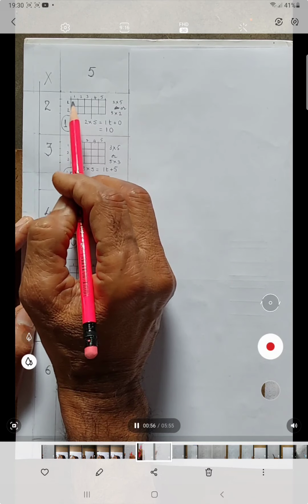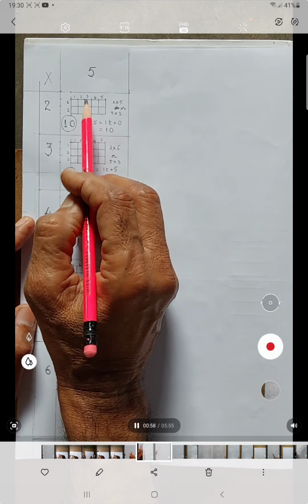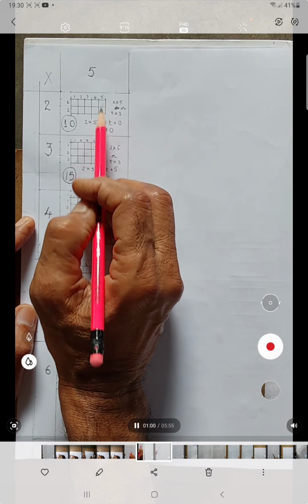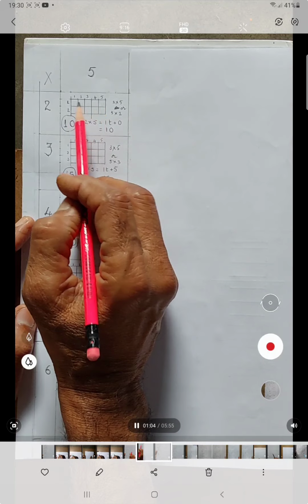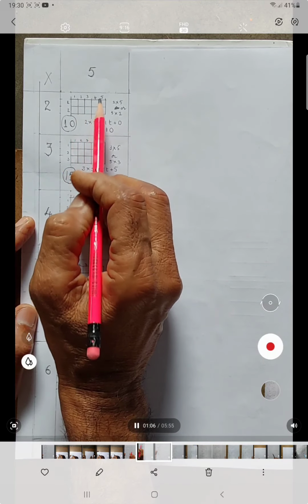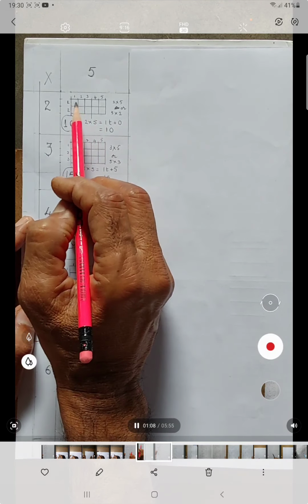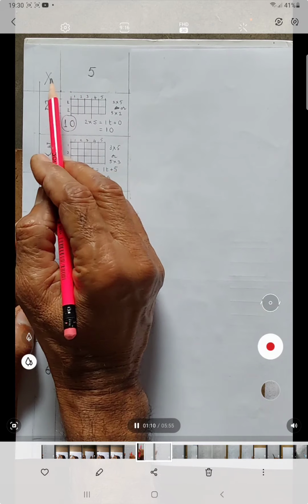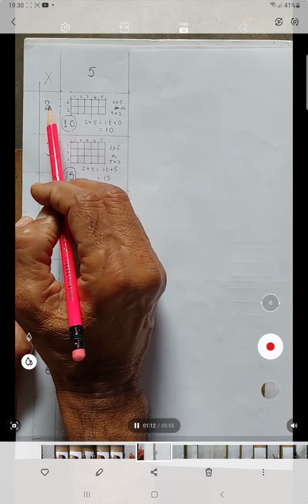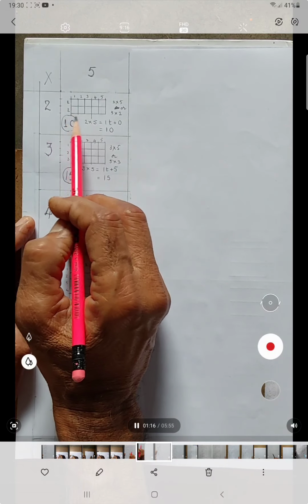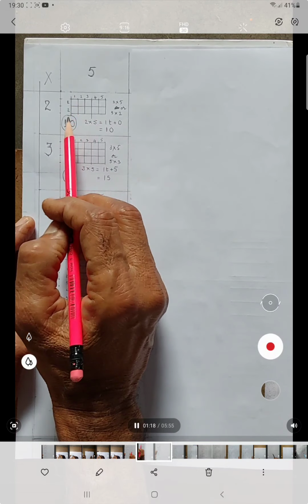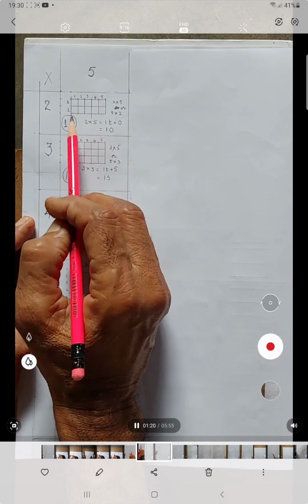The first column of 2, the second 2, the third 2, the fourth 2, and the fifth 2. So the same visual of 2 rows and 5 columns can also be seen to be the visual for 5 times 2.